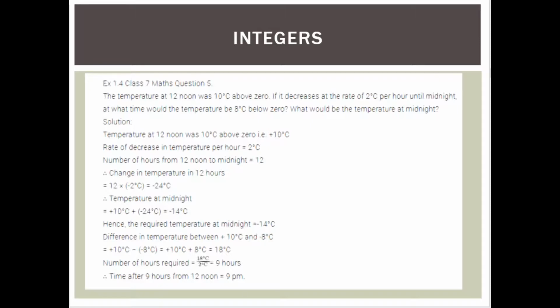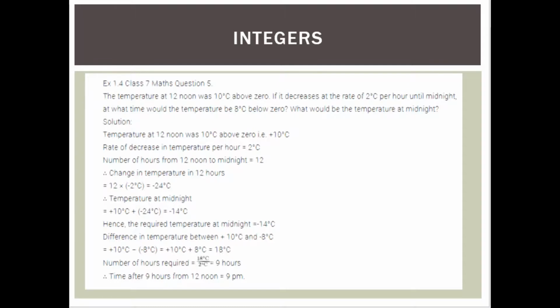Rate of decrease of temperature per hour is 2 degrees. Number of hours from 12 noon to midnight is 12. Change in temperature in 12 hours is 12 multiplied by minus 2, that is minus 24. And temperature at midnight is plus 10 plus minus 24, which is minus 14 degrees Celsius.